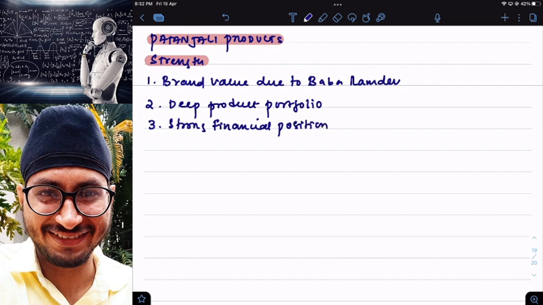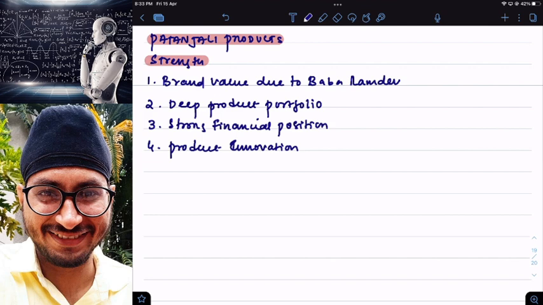Like recently, their brand Ruchi Soya also entered the IPO market, right? They have a very strong financial position. And then product innovation.